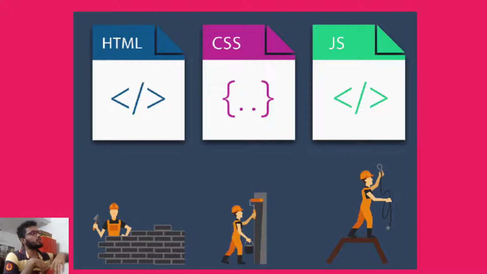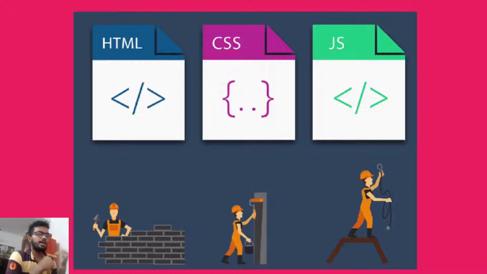Then we want that wall to be painted white. The painting is called styling, right? We do it to make it look good. That is called CSS. For the wall, if you have the bricks, we put cement and then we paint it.